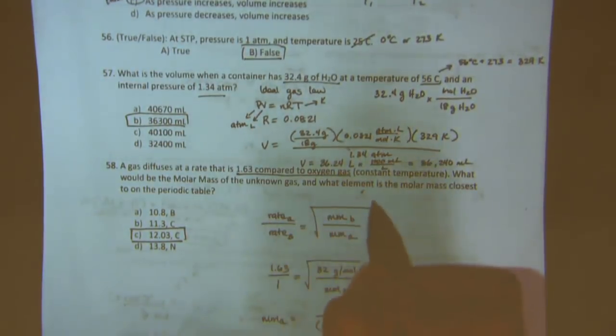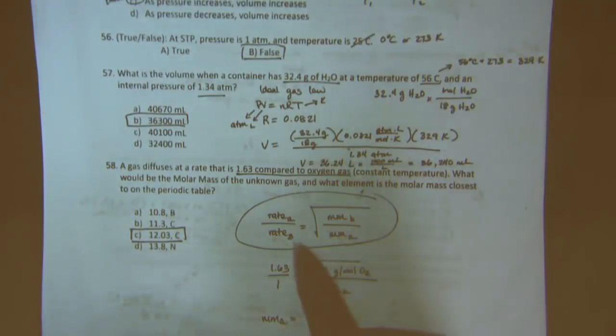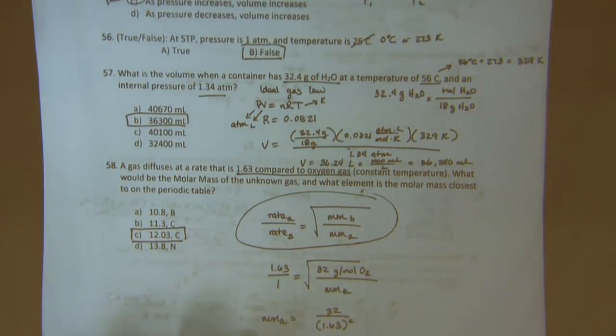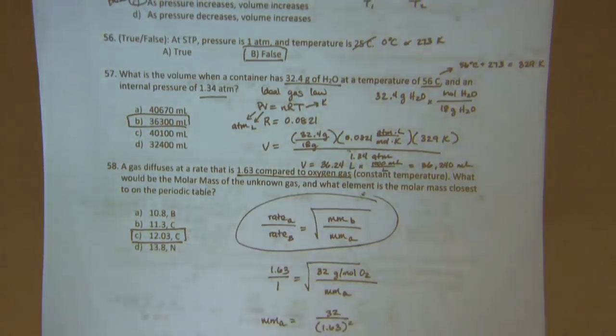And we have to look at this equation, and it says rate A over rate B is equal to the square root of molar mass of B over molar mass of A. Can anybody tell me how we find molar masses? Yeah, so you just have to know that oxygen is a diatomic, and so you would just look at the periodic table. One single oxygen is about 15.999, so you just multiply that by 2, okay?